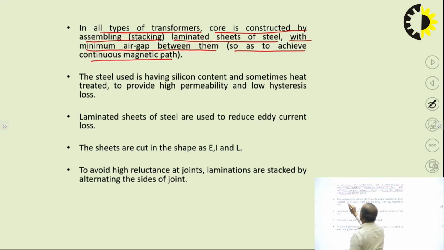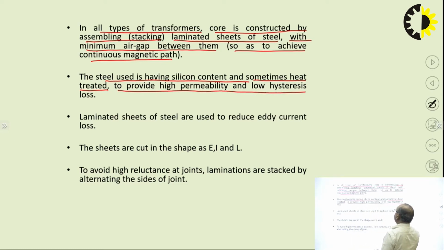The steel used has silicon content and is sometimes heat treated also, so as to provide high permeability and low hysteresis loss. So by having silicon content in this steel, we have low hysteresis loss.